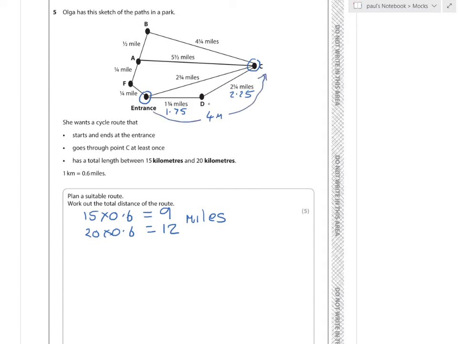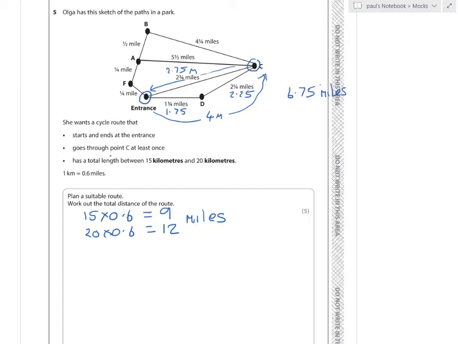Right, so we want between 9 and 12. She's got to go through C. So if we go there, 4.5 miles, 2 3/4, that's 6 3/4. And then we'll come down here, and that will be 2.75 miles. So that would give us a total of 6.75 miles.